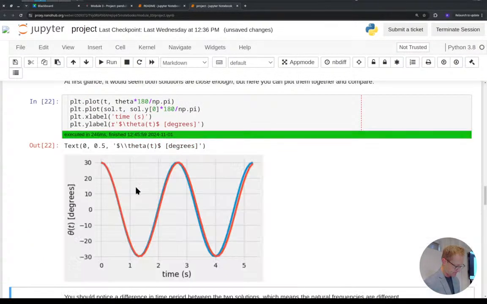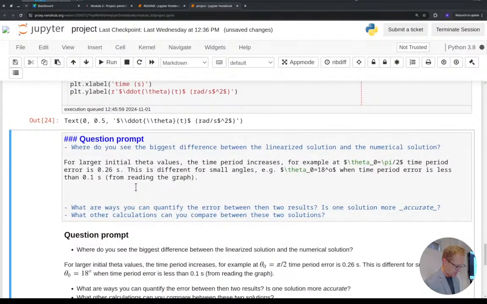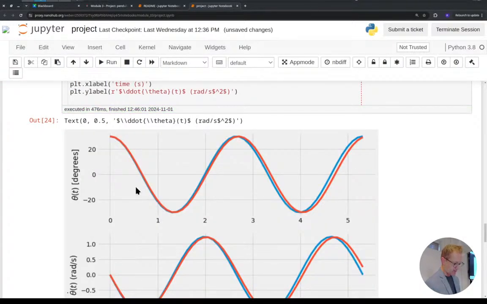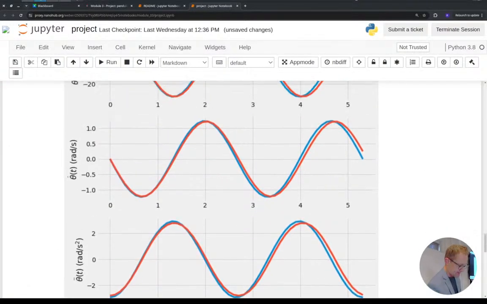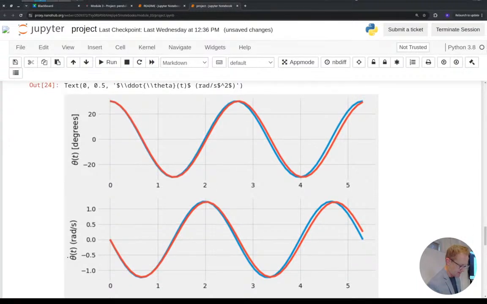Oh, pi over 6 is noticeable. That one you can kind of see, a little bit. So that one, I would say you're definitely at least 0.1 second off. That one's probably about 0.1 because we can definitely see that there's a difference.